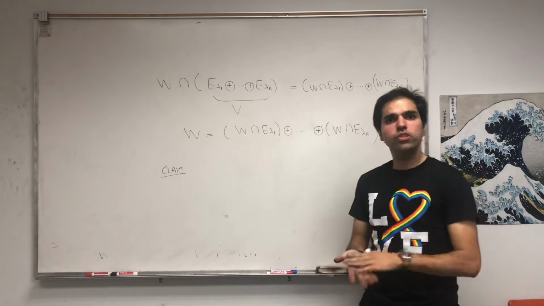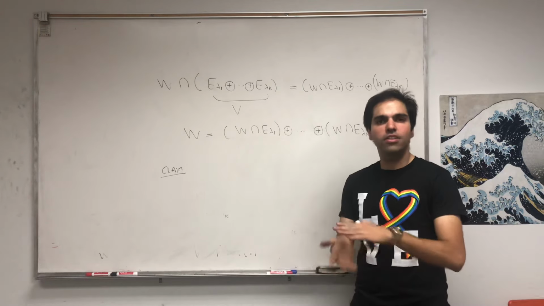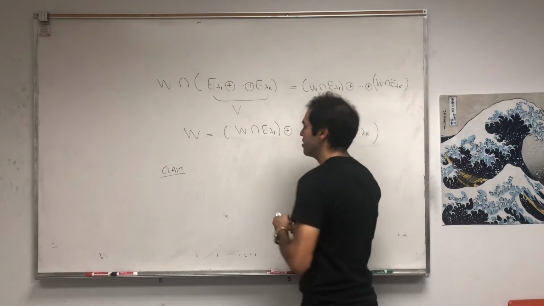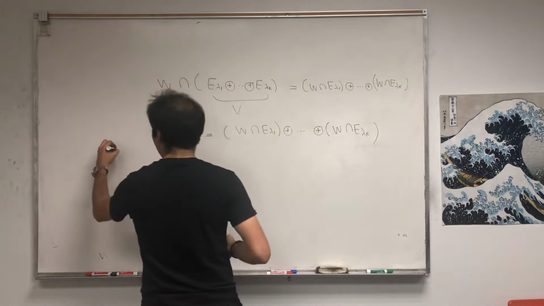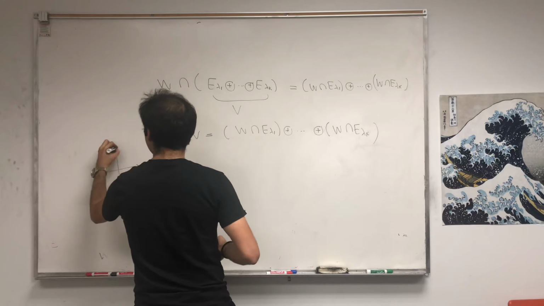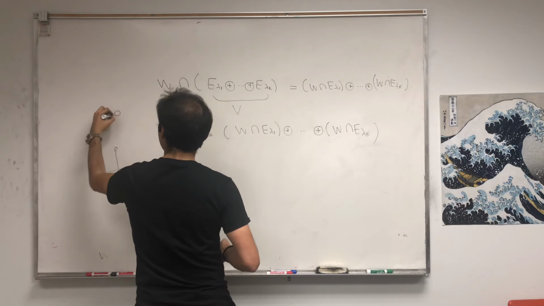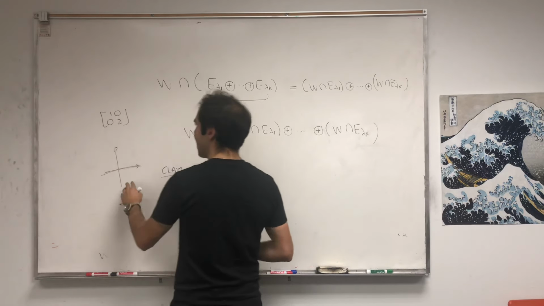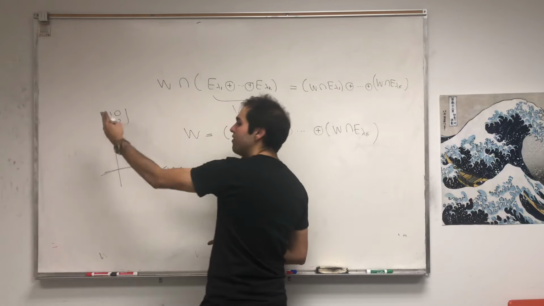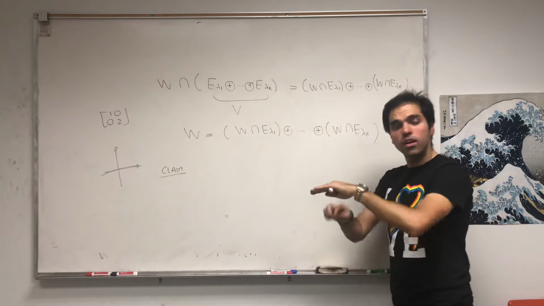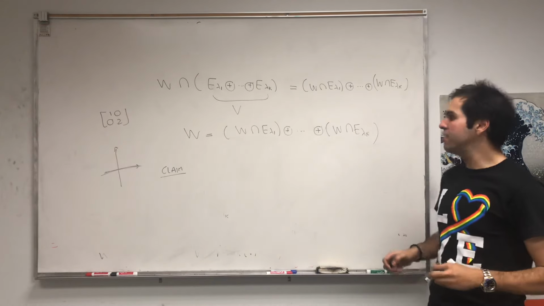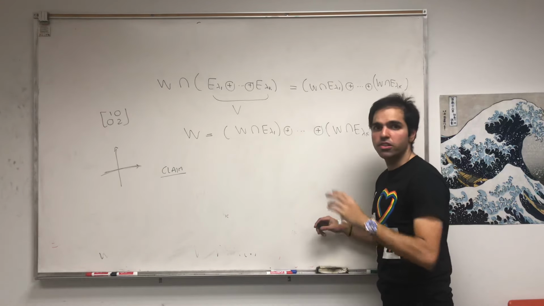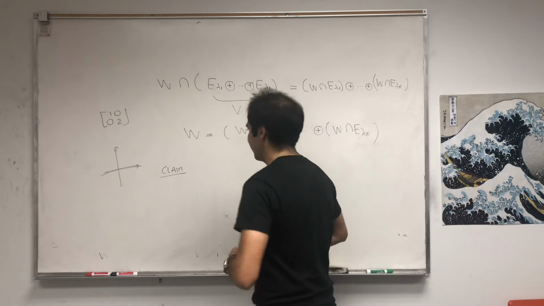Because it's not true that you always keep the eigenvalues if you're restricting to any subspace. It's possible that you're losing some. For example, take the matrix 1, 0, 0, 2, but just restrict it to the x-axis, then we don't have the eigenvalue 2 anymore. We just have the space with eigenvalue 1. So in this case, the second eigenspace would be trivial, because we don't have the y-axis.